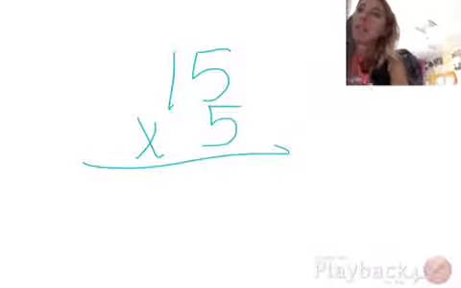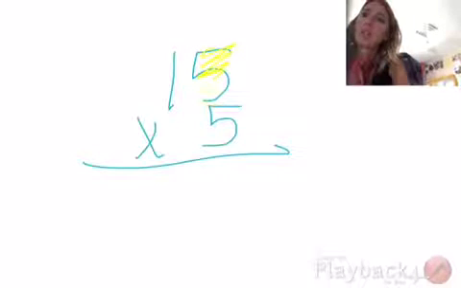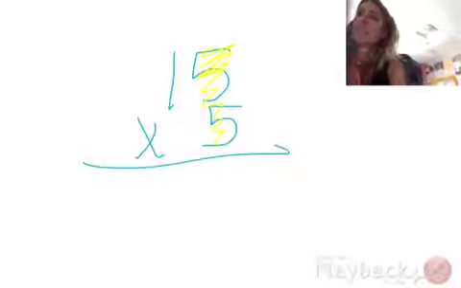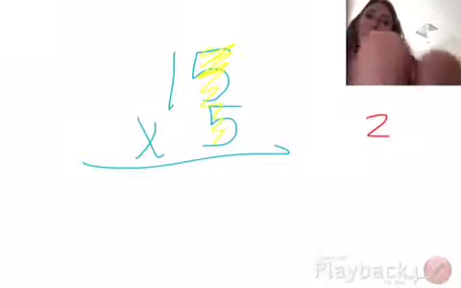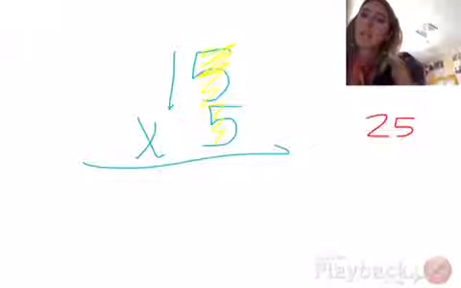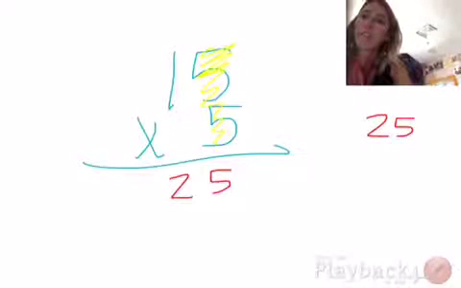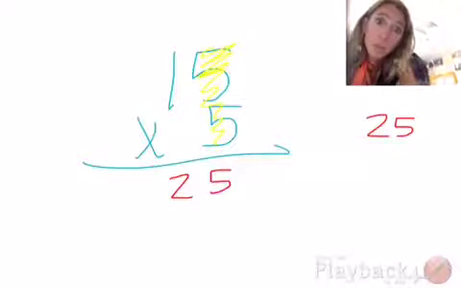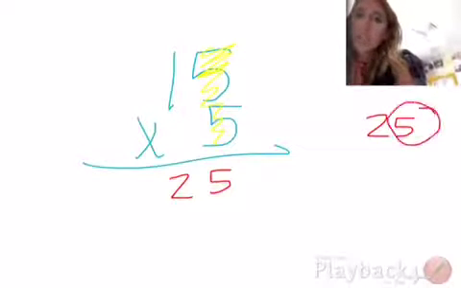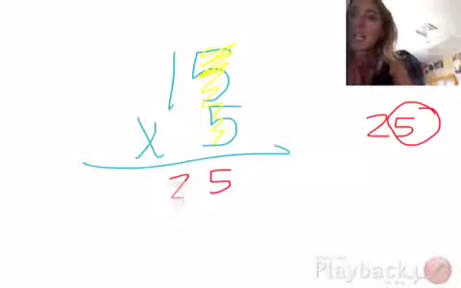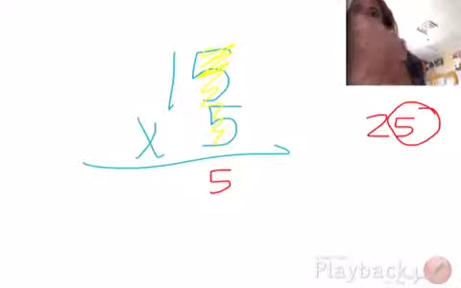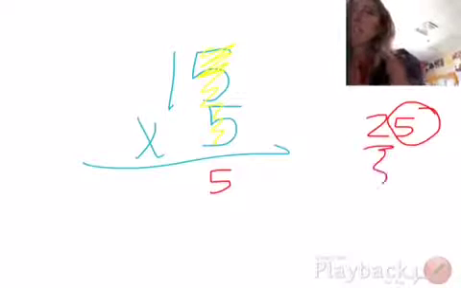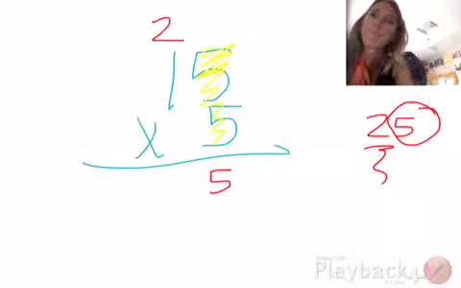All right. I'm going to go forth and start out by doing 5 times 5. Well, 5 times 5 is 25. But I'm not going to write out 25 right here if I'm using the standard algorithm. I'll just write out the 5, and I'll carry those 2 tens to the tens place, right up here.